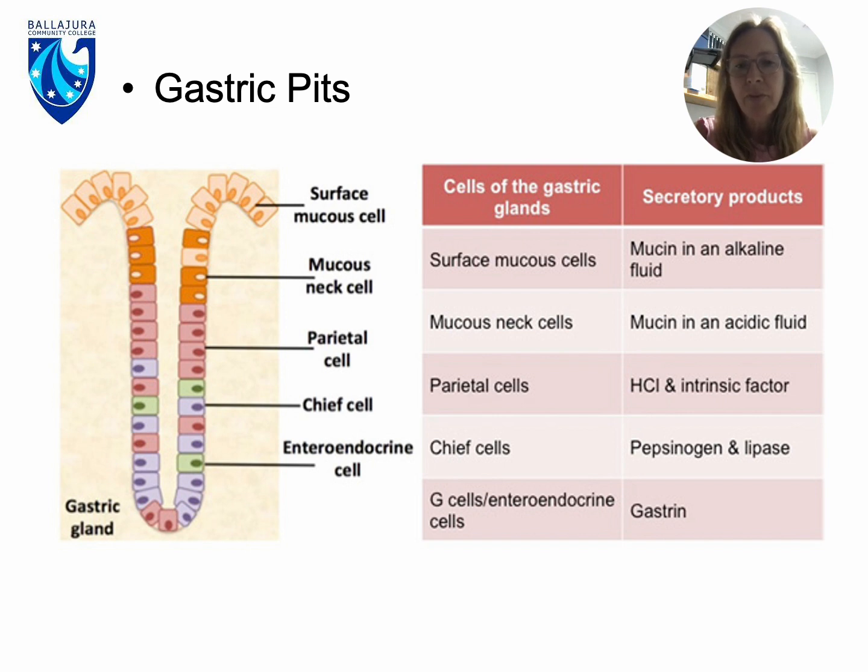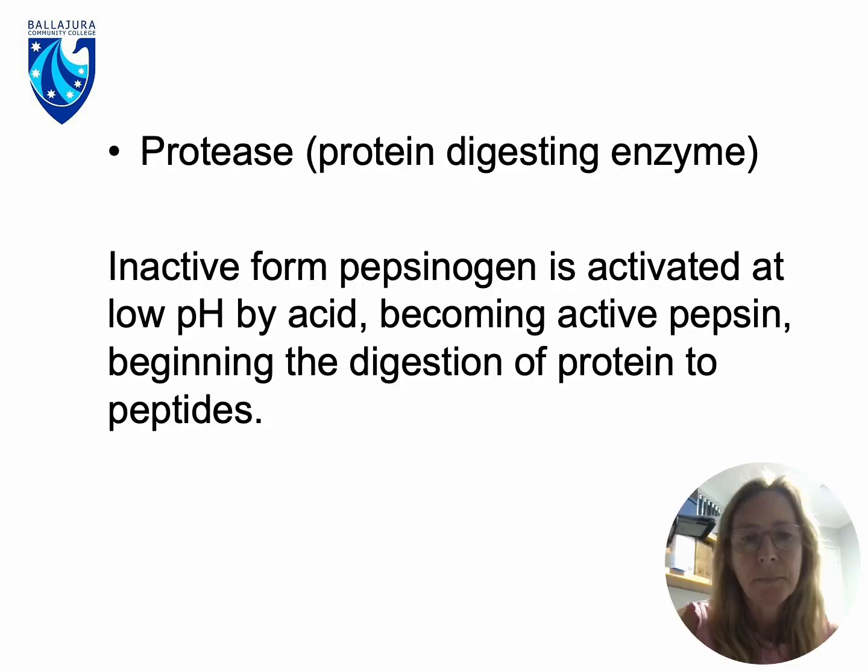There are also some cells called chief cells, which make pepsinogen and also an enzyme that digests fats called lipase. So proteases, or protein digesting enzymes, are produced in the stomach. They are produced in an inactive form known as pepsinogen. It moves out of the gastric pits and then it's activated by the low pH in the stomach acid, becoming an active pepsin, and that begins the digestion of protein to peptides.